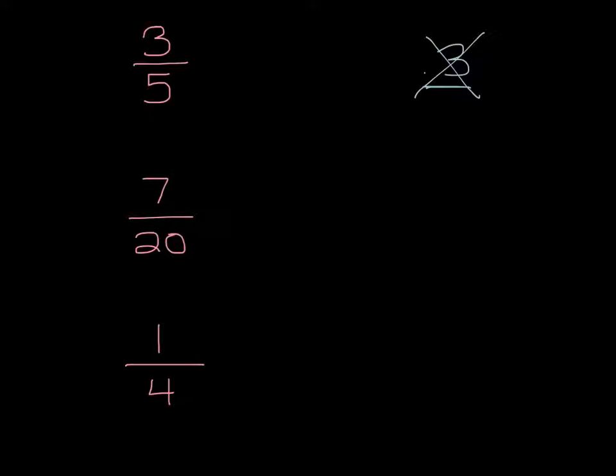I'm going to use equivalent fractions to write a fraction equivalent to 3/5 with a denominator of 10, 100, or 1,000. I'm going to choose 10 as my new denominator. I multiply the denominator times 2 because 5 times 2 is 10.